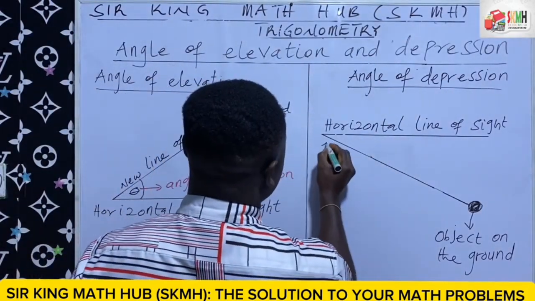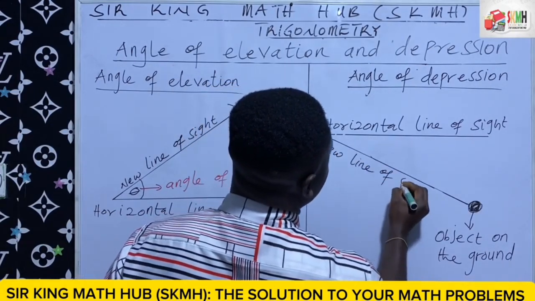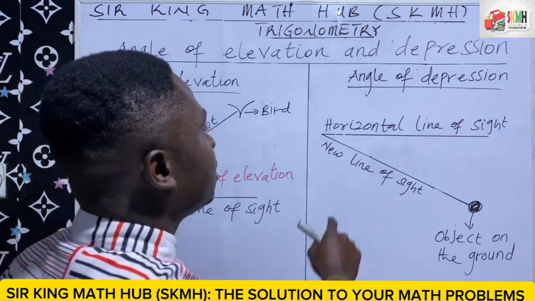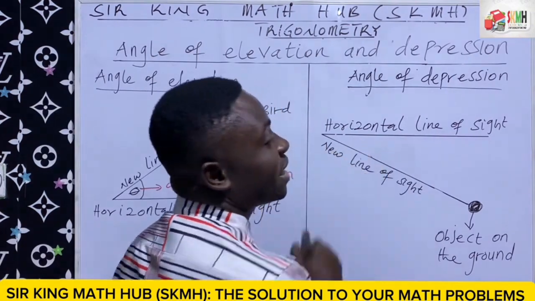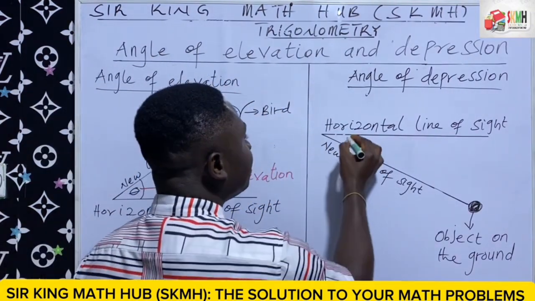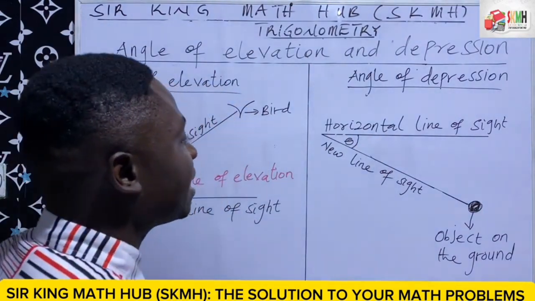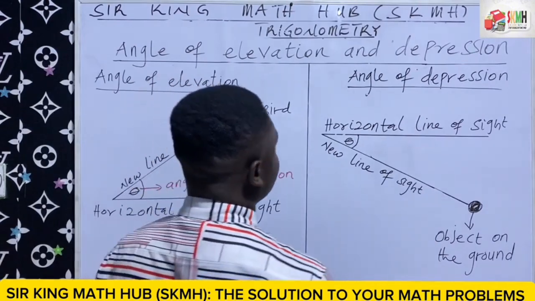So this is my new line of sight. As you can see, the horizontal line of sight and my new line of sight have created an angle. I'm naming the angle here as theta. And this angle is what we call angle of depression.